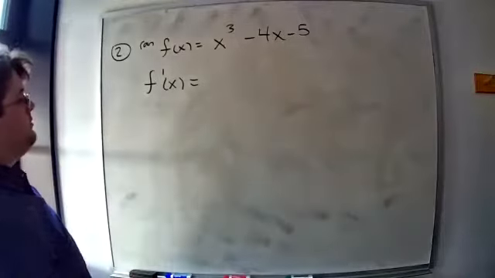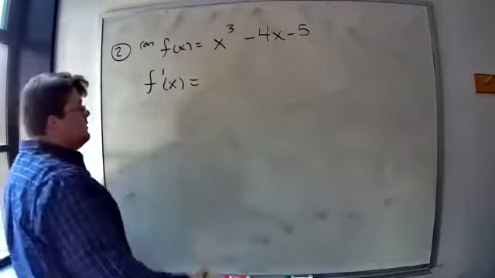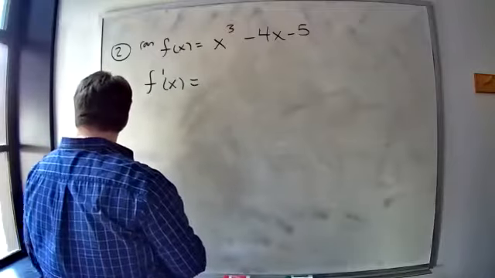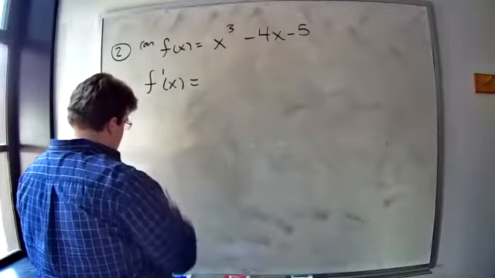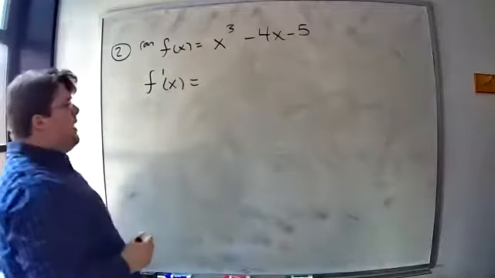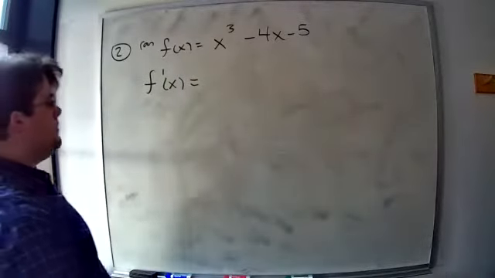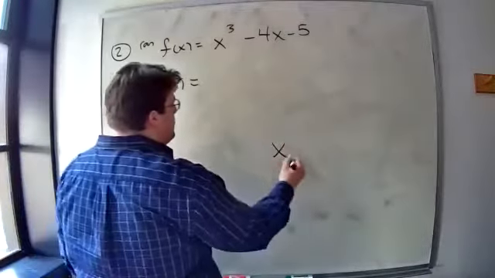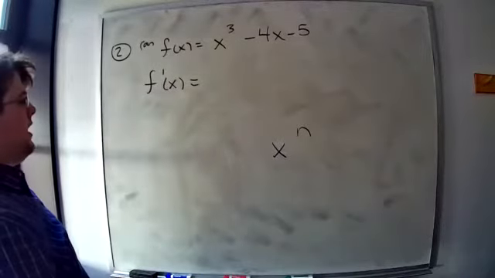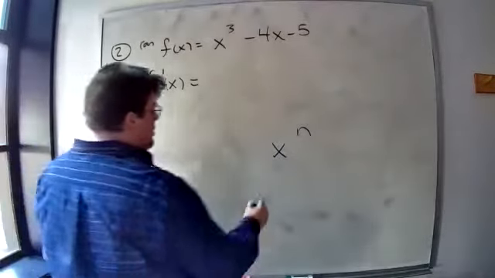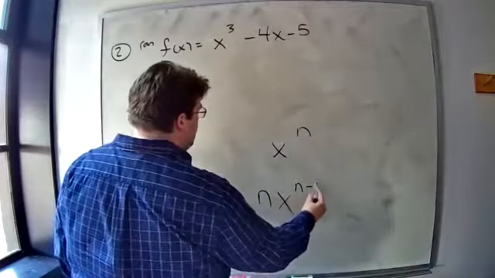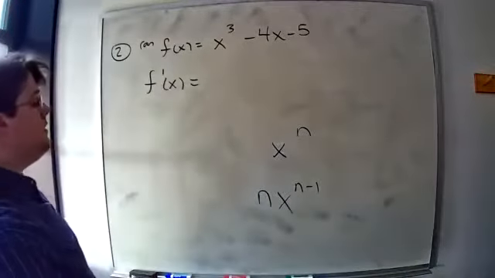How do we deal with x cubed? Well, we want the derivative of x cubed. The second rule in our list told us how we could take derivatives of x to any number. The derivative of x to any number: bring the number out front, multiply, subtract 1 from that number.